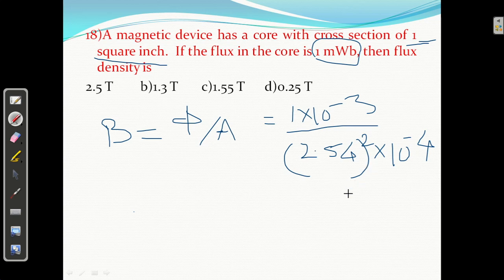So is it clear? With the help of calculator, 10 upon 2.54 squared, it is 1.55. Okay, Tesla.